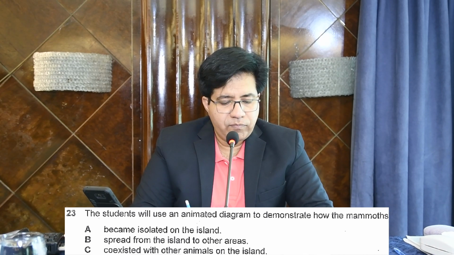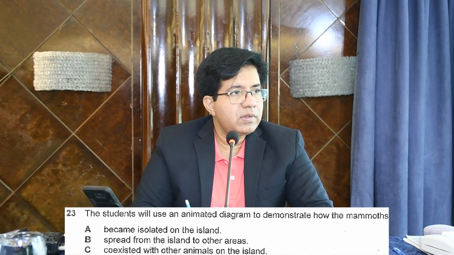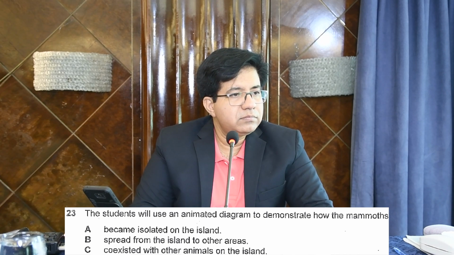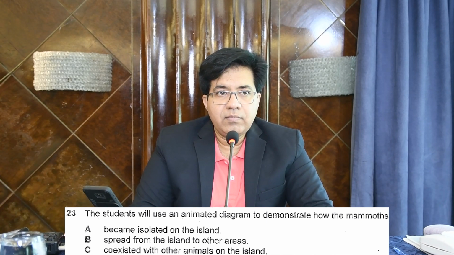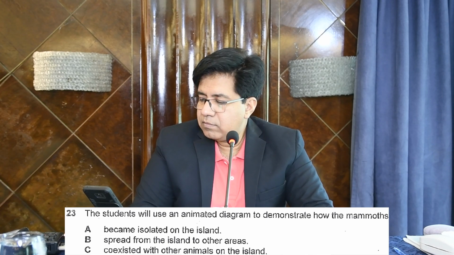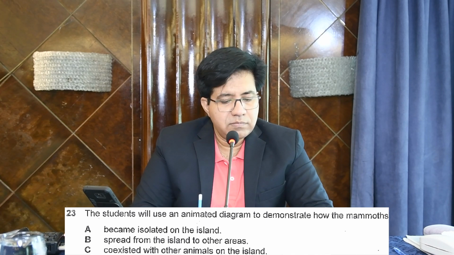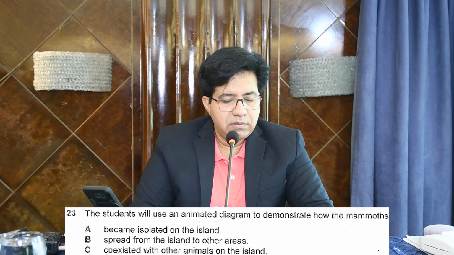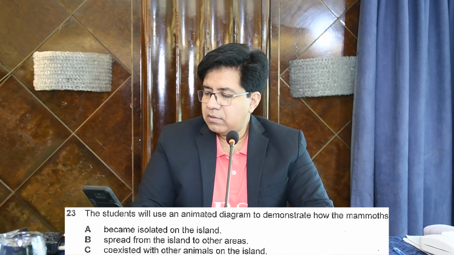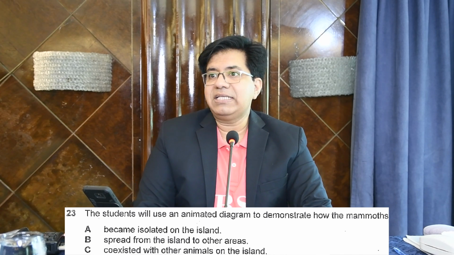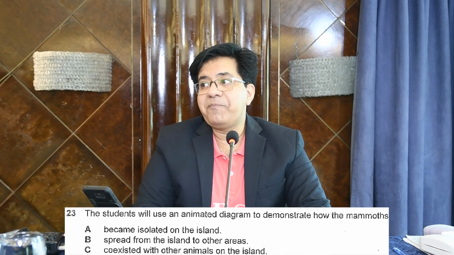Then the climate warmed up and the sea level began to rise, and the island got cut off from the mainland. So those mammoths on the island couldn't escape. They had to stay on the island. And in fact, the species survived there for thousands of years after they'd become extinct on the mainland. So, why do you think they died out on the mainland? No one's sure.